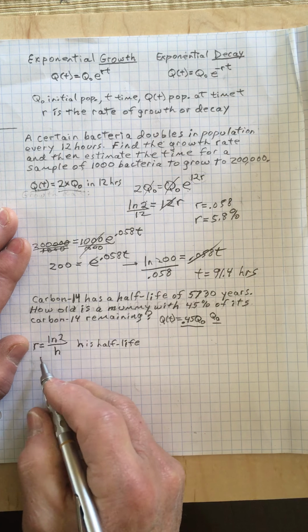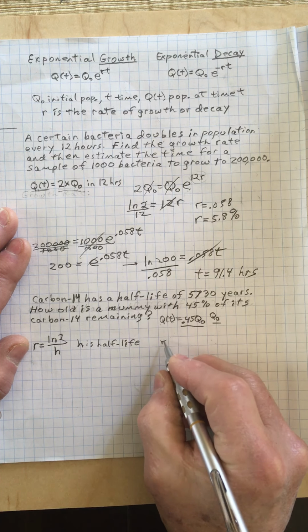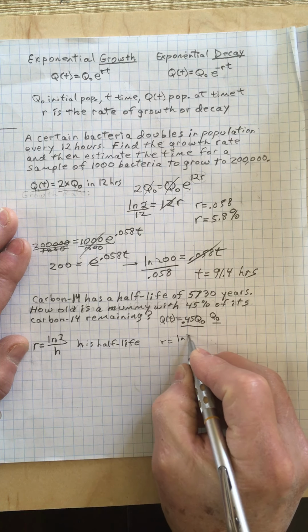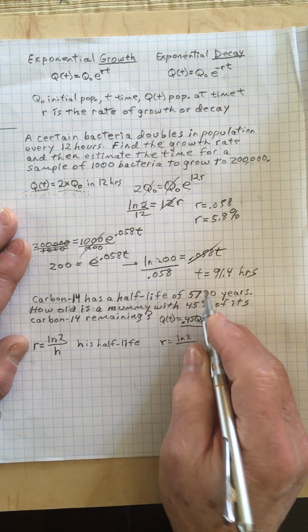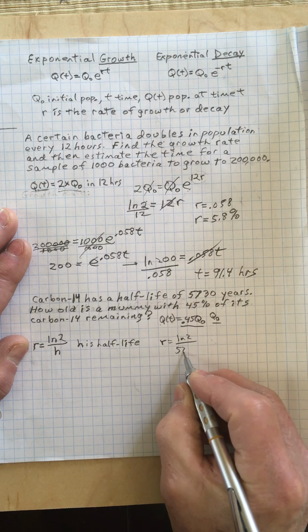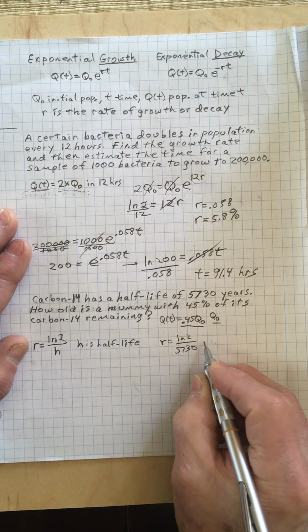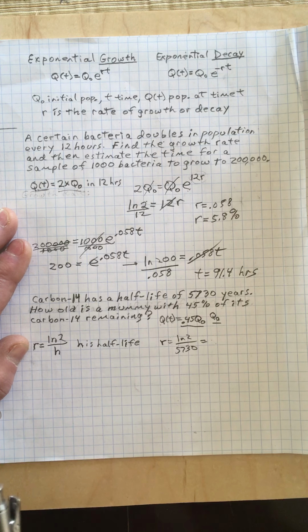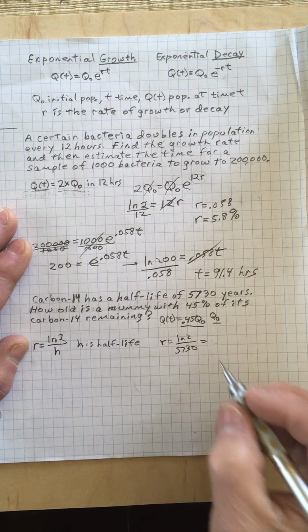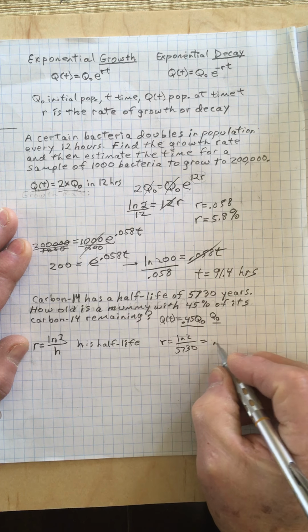So what is the rate? Well, rate equals ln2 over the half-life, which is 5730. Again, ln2 on your calculator, divided by 5730, and you're going to come up with a pretty small number here.